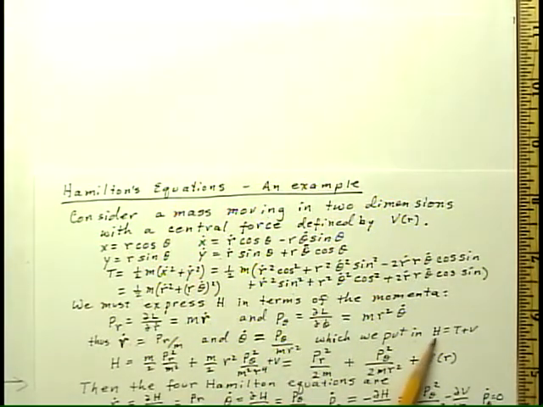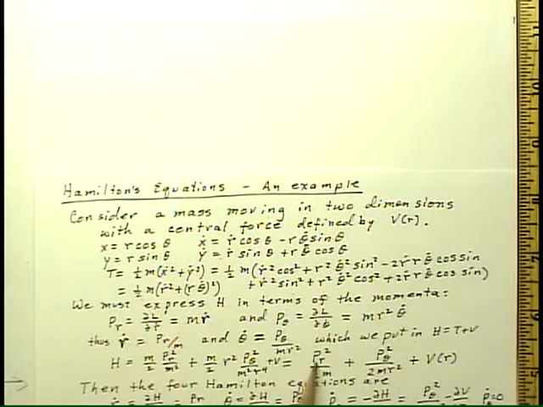We now have to put those into the Hamiltonian, which is T plus V. Now T plus V, if we plug those in, we get 1/2 m times the momentum in the radial direction squared over m squared, plus 1/2 m r squared times the theta dot squared. Now here we're going back to this term right here and putting the theta dot in, plus V, which is the potential.